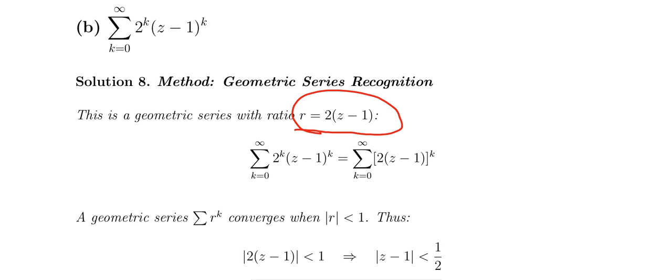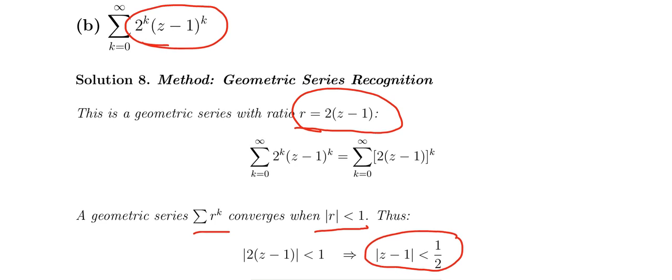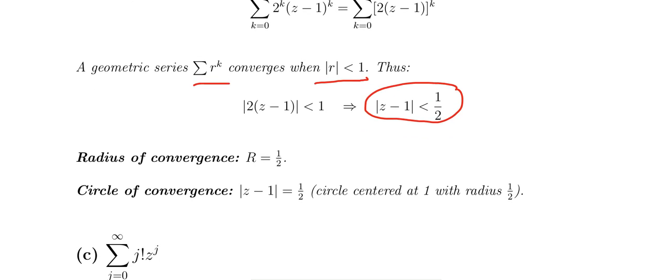A geometric series converges only when mod r is less than 1, as we saw earlier. So mod of 2 into z minus 1 less than 1, that is mod of z minus 1 less than 1 by 2, and the series converges. So the radius of convergence is 1 by 2 and the circle of convergence is mod of z minus 1 equal to 1 by 2.